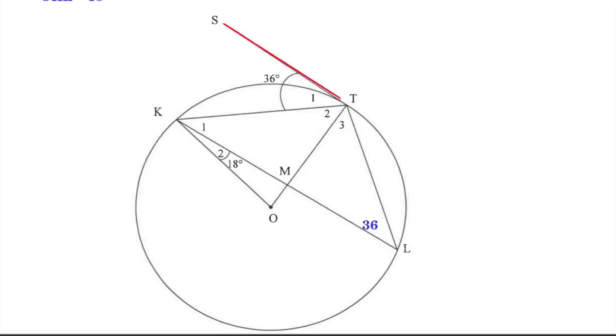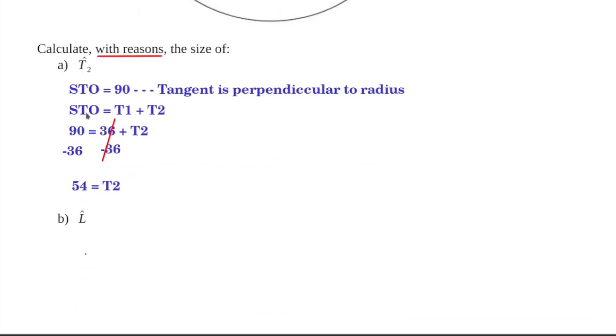This is a tangent, this is a chord, and the angle between them should be equal to the angle in the alternate segment. This is the angle subtended by chord KL, and it's supposed to be 36. That's the tan chord theorem. So angle L is equal to 36 degrees. Reason: tan chord theorem.